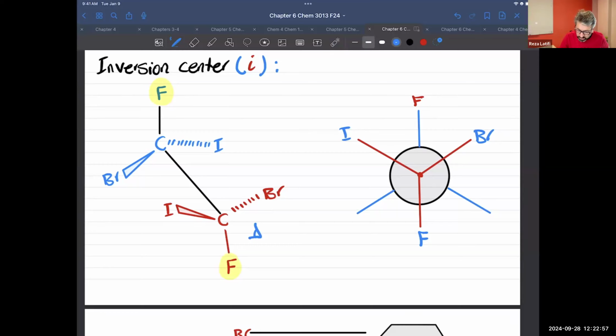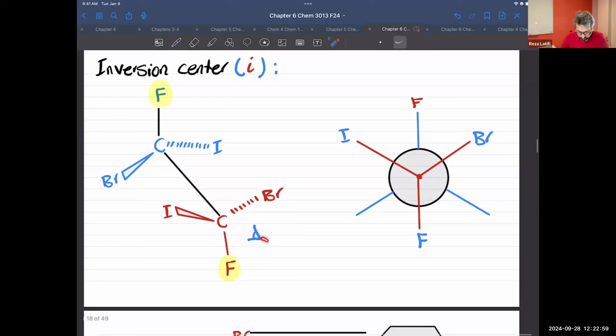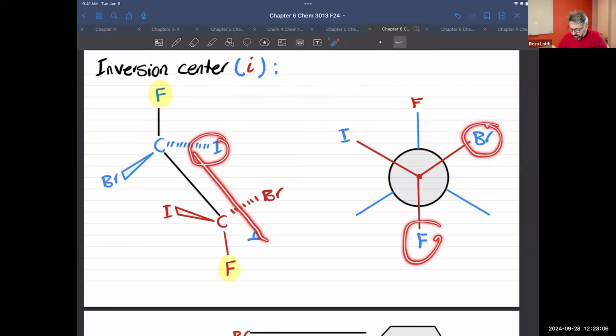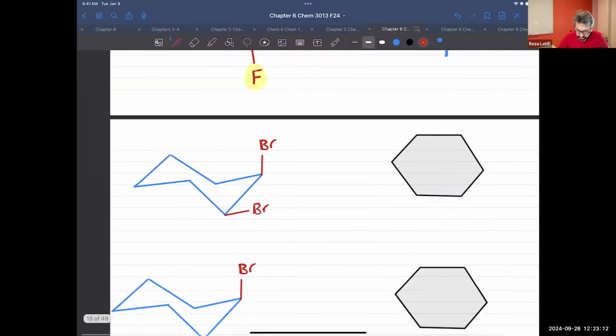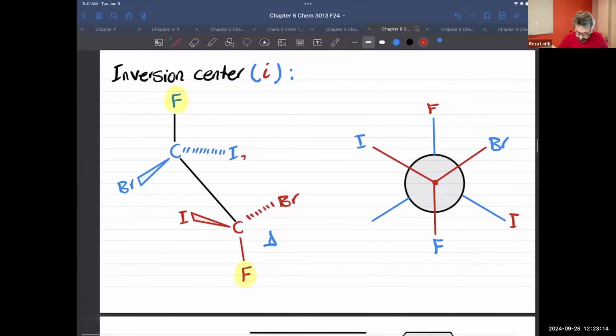If you look between fluorine and bromine, you're going to see this iodine. Where is it? Between bromine and fluorine. So here you need to have iodine. Let's call this one number 2. So iodine number 2 will be in the back. Bromine number 2 will be here, and of course, that's going to be fluorine number 2.